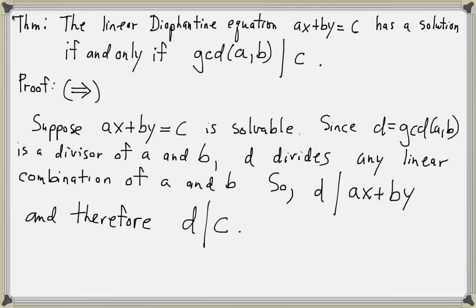A linear Diophantine equation, AX plus BY equals C, has a solution exactly when the greatest common divisor of A and B divides C.